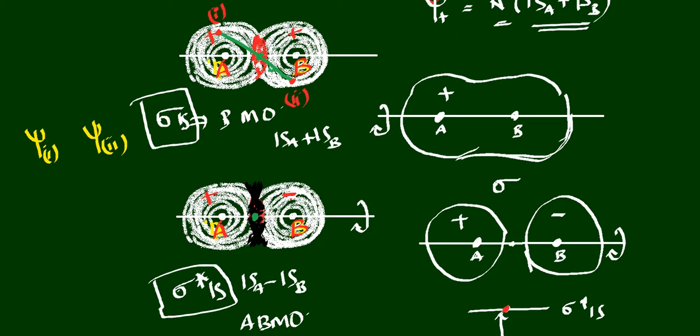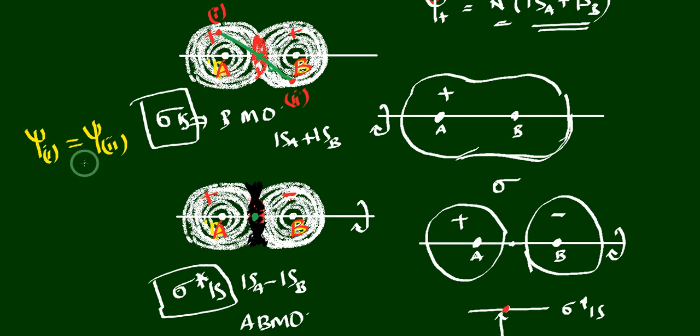Now, if I am checking these two expressions for the wave functions, I can see that psi 1 is equal to psi 2. This is obvious. Both of them have the positive sign and they are symmetric. So whatever may be the value of your function here, it will be equal to here. So psi 1 is equal to psi 2, since it has this inversion symmetry.